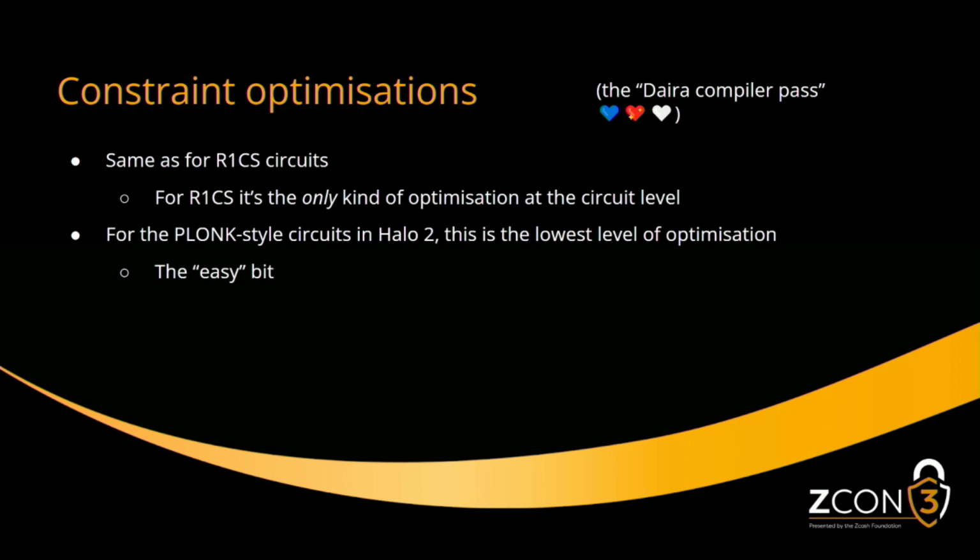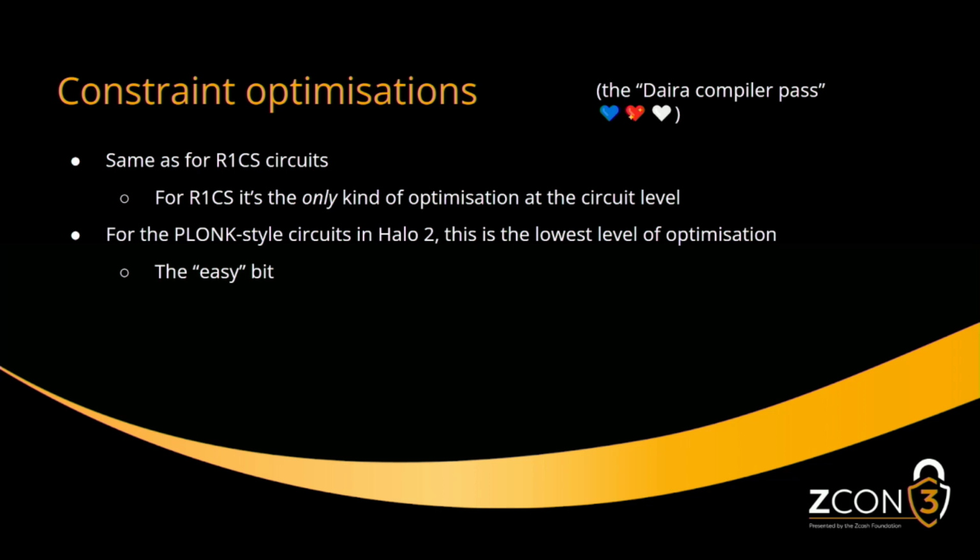We'll start off with the simplest kind of optimizations we can do. These are just constraint optimizations. If you're familiar with building R1CS circuits, this is exactly the same thing. Minor optimizations in terms of how you represent Boolean constraints or decompositions, using non-determinism to constrain that a particular variable must not be 0 by witnessing an inverse, the existence of an inverse.